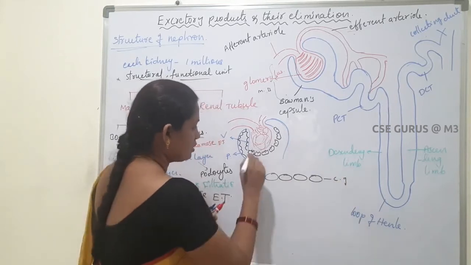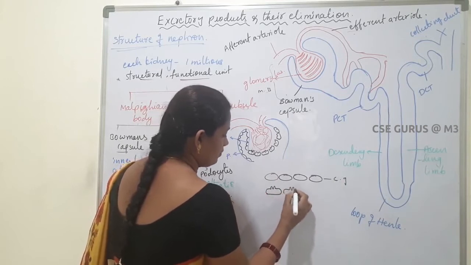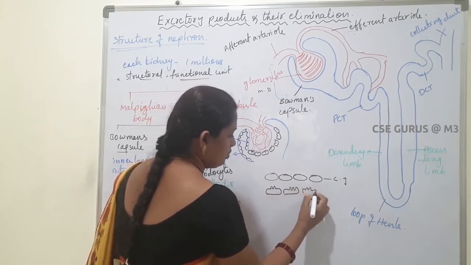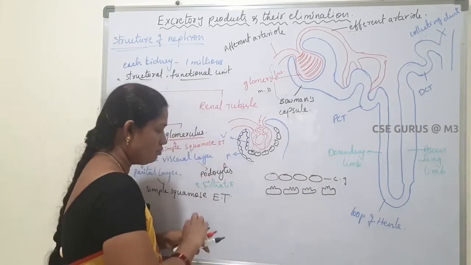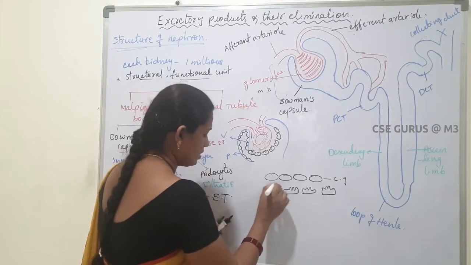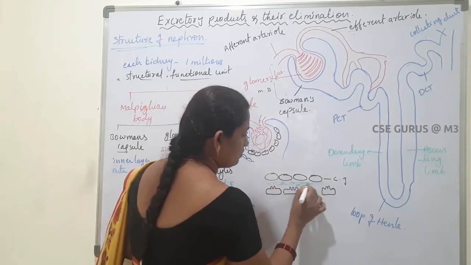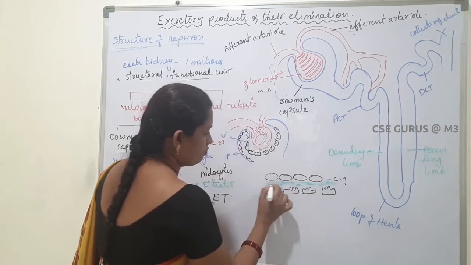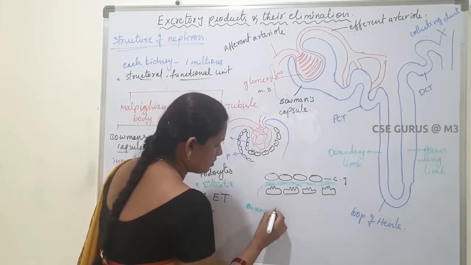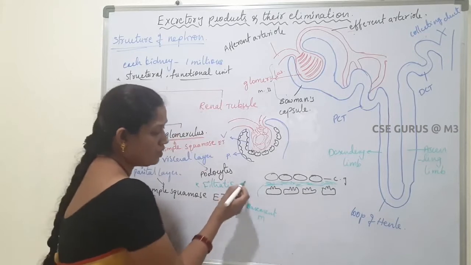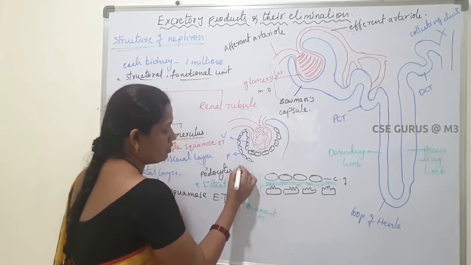Next, the podocytes, the cells of Bowman's capsule, are present. In between these two layers there is a gap, and in this gap the basement membrane is present.